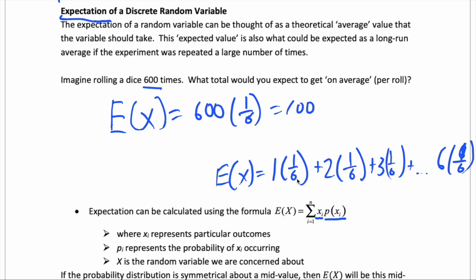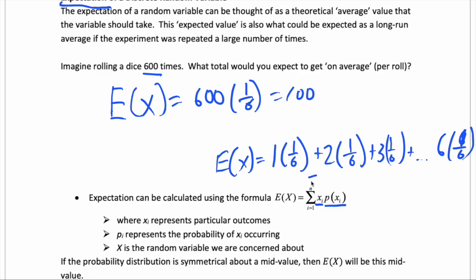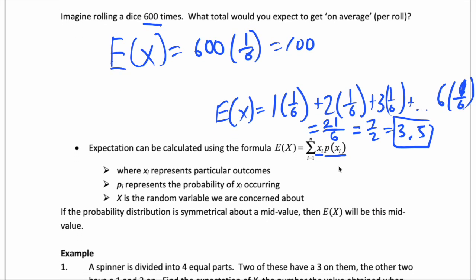So 1/6 of the time you get a 1, 1/6 of the time you get a 2. If you add all those up, 1 plus 2 plus 3 plus 4 plus 5 plus 6 is 21, with 6 as the common denominator. That's 7 over 2, or 3.5, which makes sense. That's the average dice roll. So the expected value when you roll a die is 3.5.